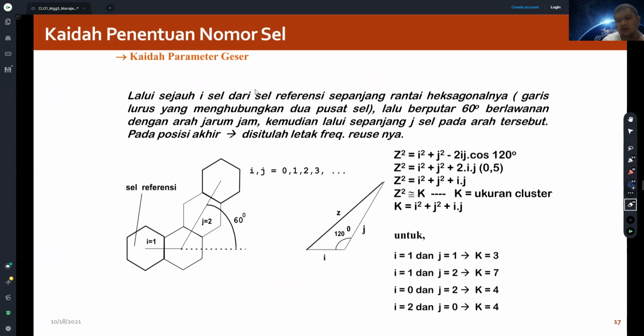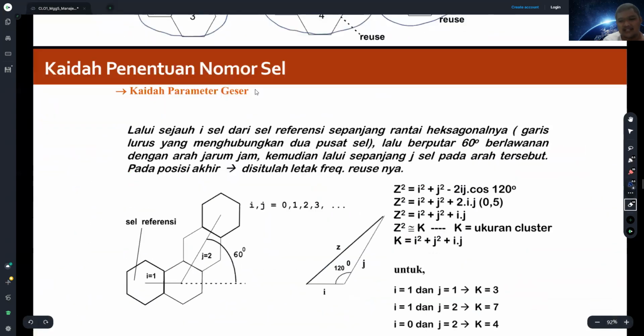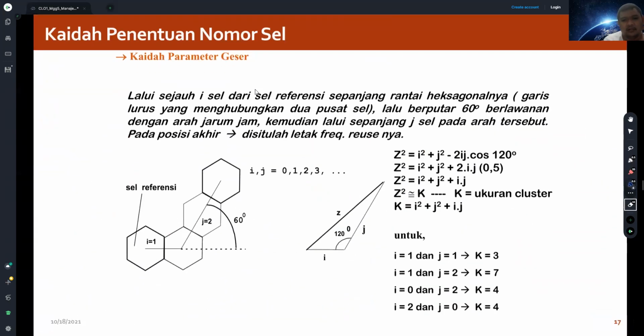Now, what is I and J? I and J are actually the numbers of cells. If we are talking about a number of I cells horizontally and J cells vertically, the value of the cluster will be equal to I squared plus J squared plus IJ.